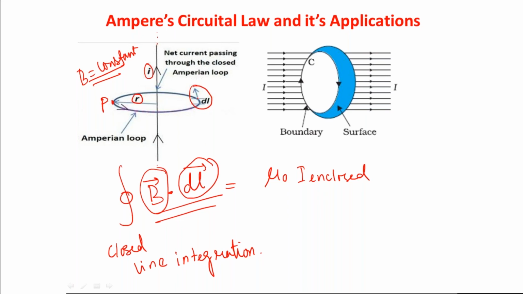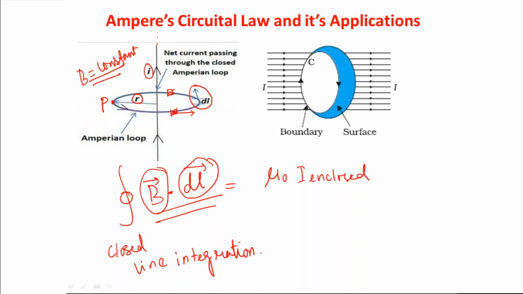This is dl, a small length element of this loop. It is a vector quantity, but what is the direction? The direction of this length will be along the tangent of this circle at that particular point.